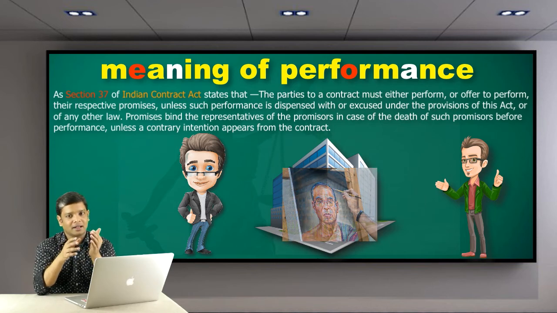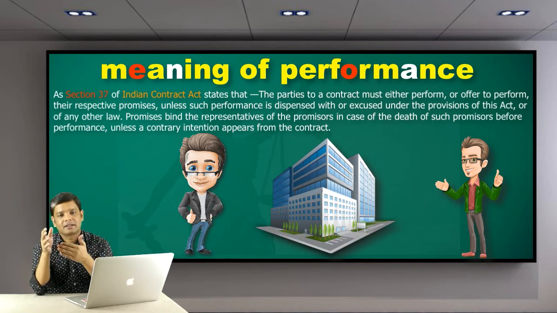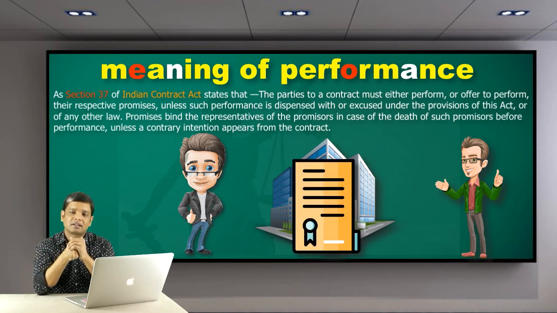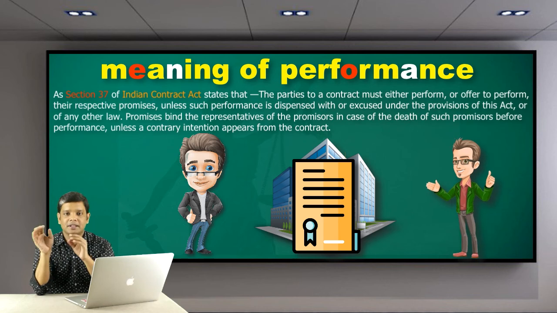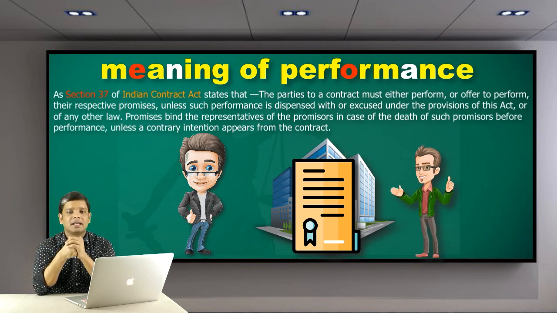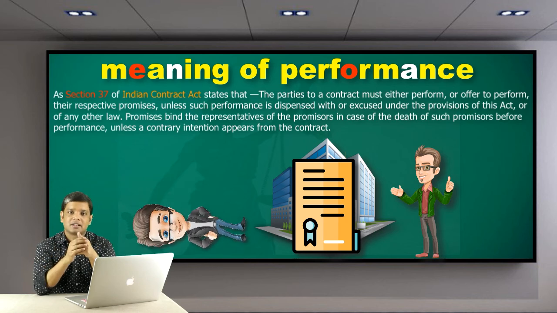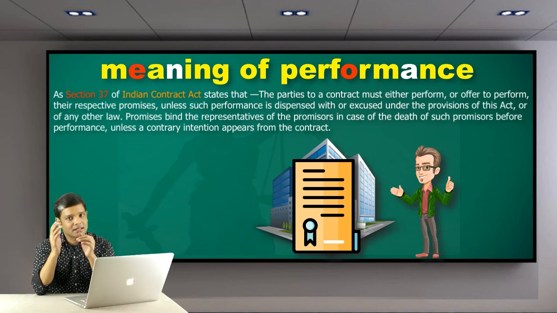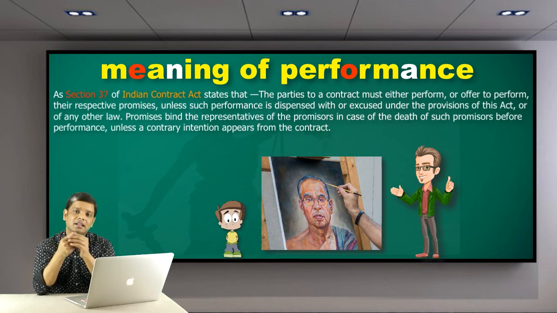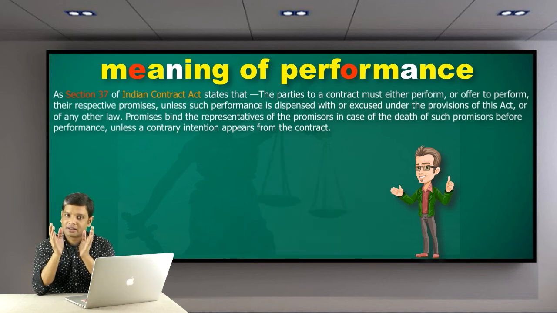So if the father made a contract with someone, he will be making a sculpture of B. Then in the middle of the work he dies. In this condition, if his son is skillful enough to complete that work, then his son is obliged to complete that work, because that is possible to do.